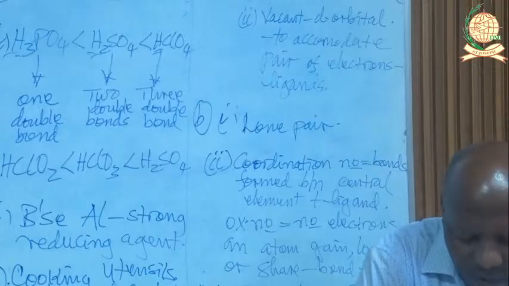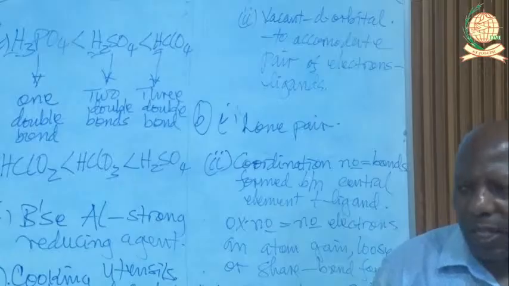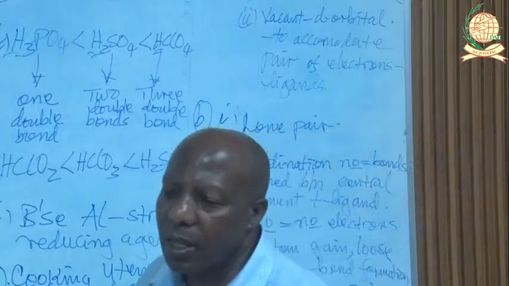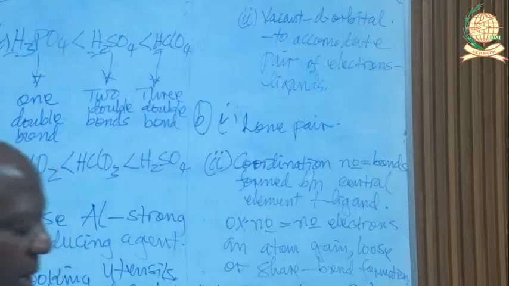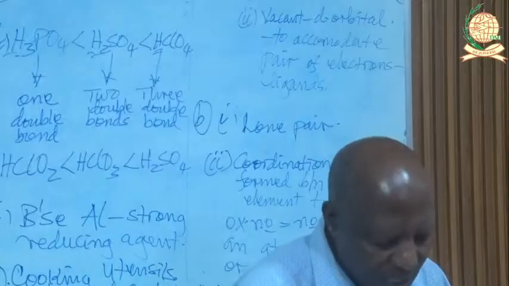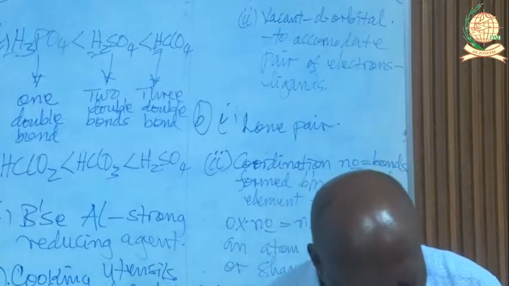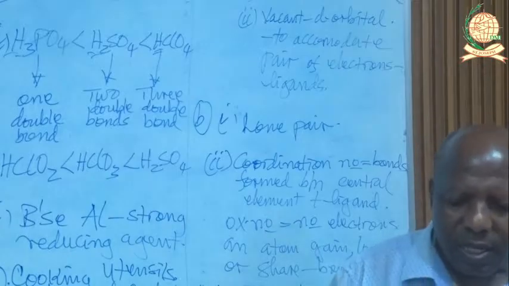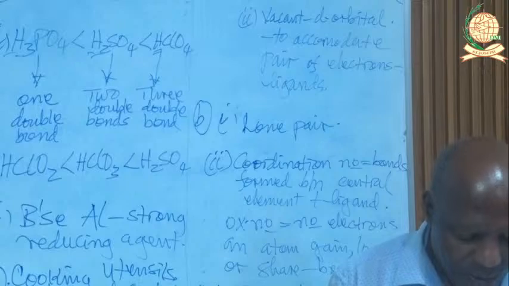Also, phenol is the compound formed when the hydroxyl group is directly bonded to a benzene ring, while alcohol is the compound formed when the hydroxyl group is directly bonded to an aliphatic hydrocarbon or alkyl group. So these are the differences. Then D.